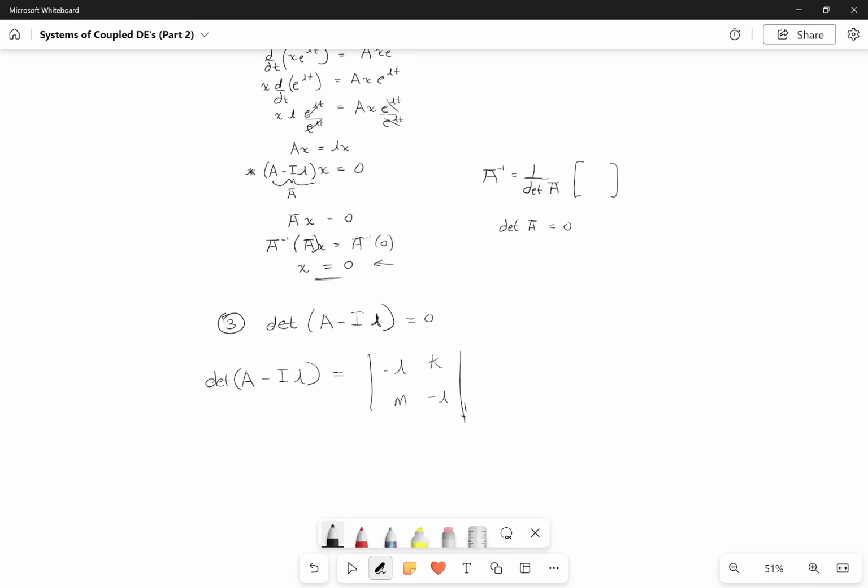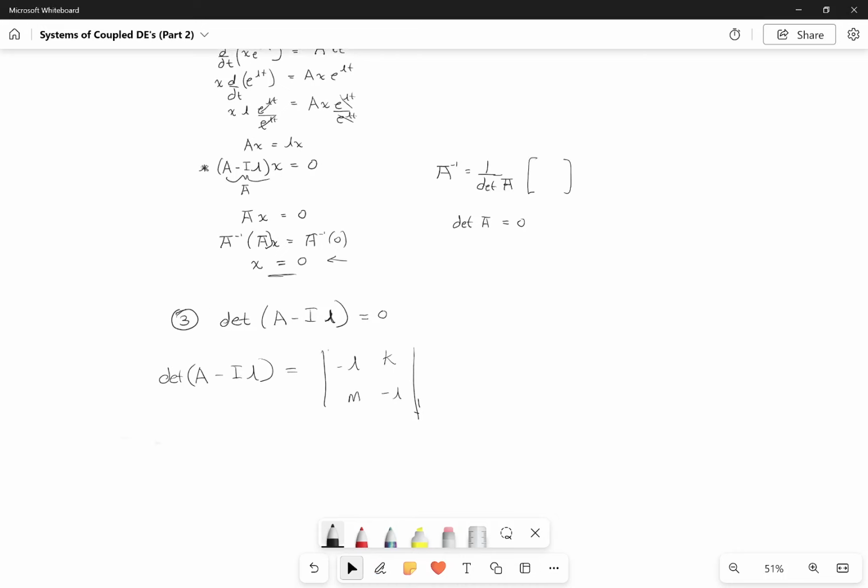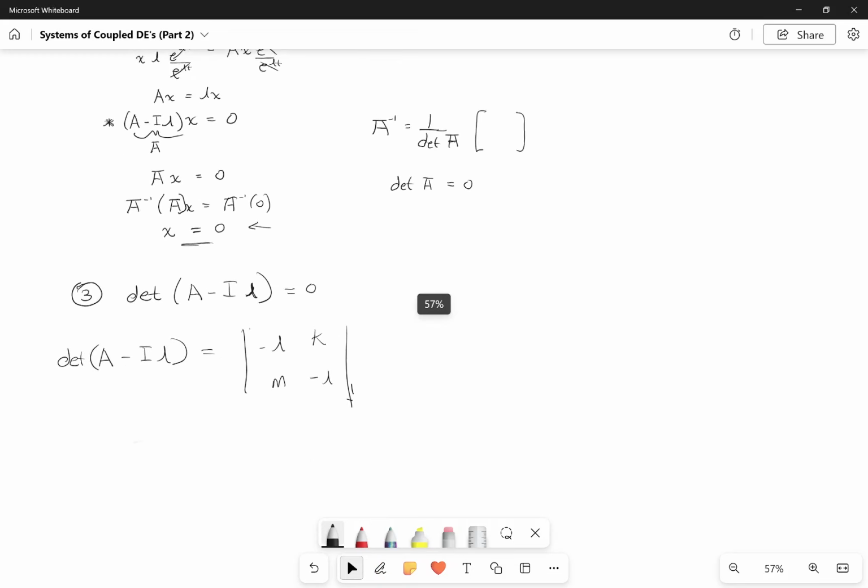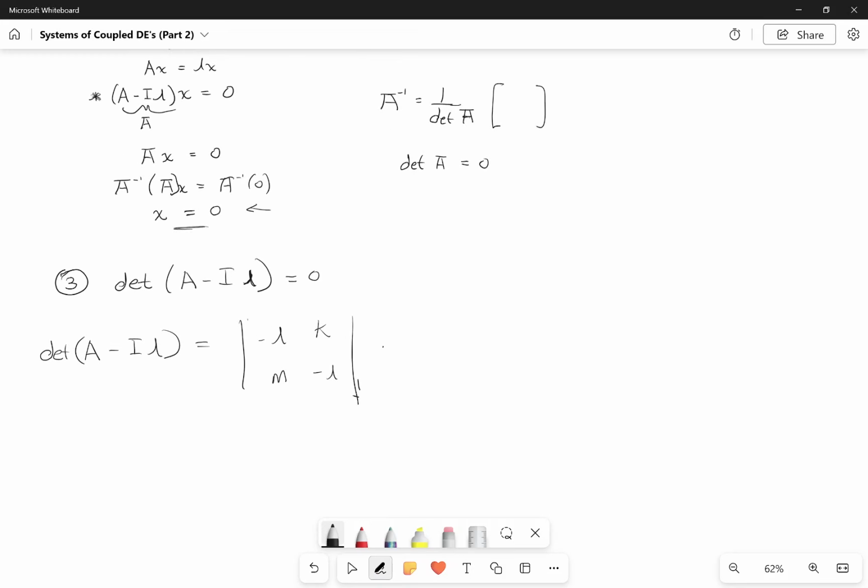Now, because it's a 2 by 2, we're going to get a quadratic equation. So let's do that. Negative lambda times negative lambda is lambda squared, minus down products minus up products, which is m times k, and we say that we want it to be equal to 0 because we don't want A inverse to exist.